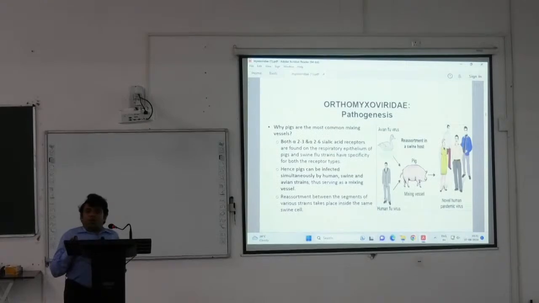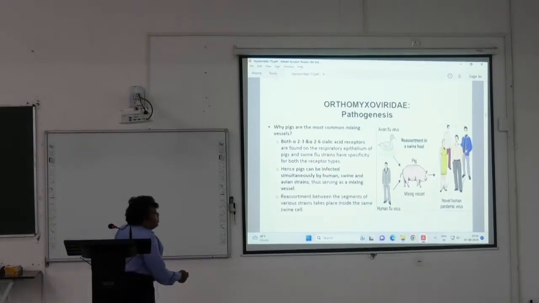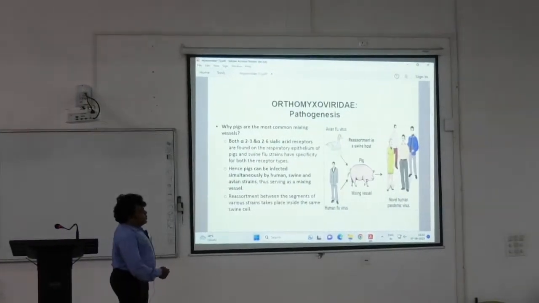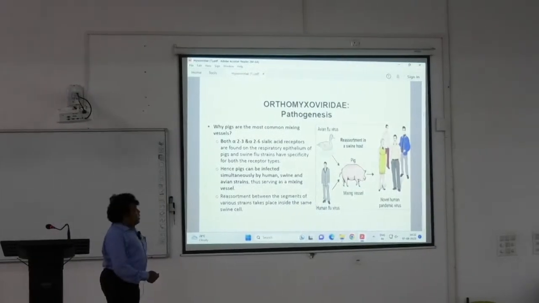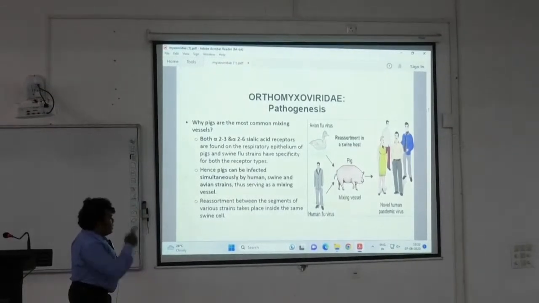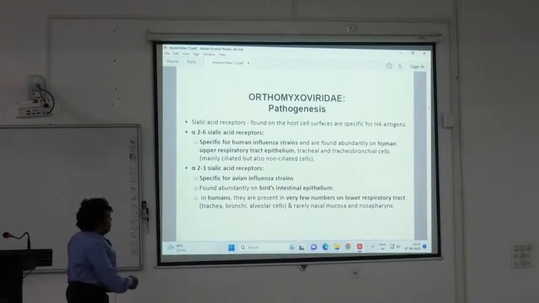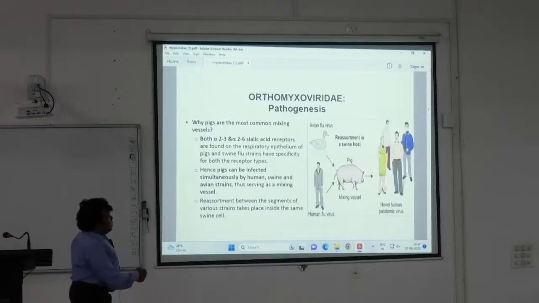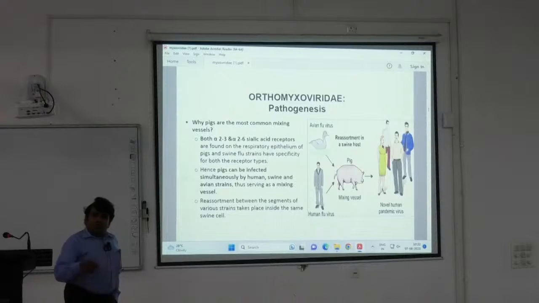Now, I had already told you pigs play a very important role. Why? Look over here. The avian influenza virus is present in the birds. Now, pigs have both alpha 2,3 and 2,6 receptors in the respiratory epithelium. Suppose the avian virus has this receptor, attachment to this receptor. They gain access into the pigs with genetic mutations, slow but gradual.